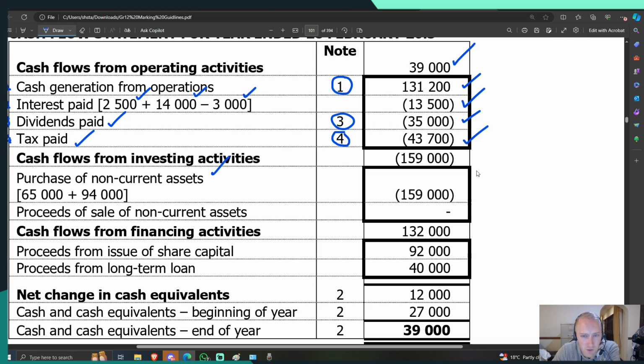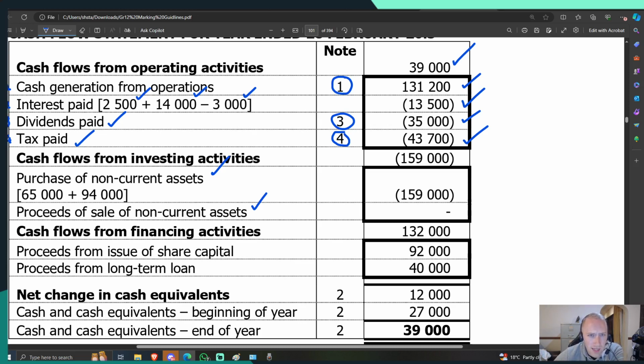You can have a cash flow from the disposal or sale of non-current assets, which are here, proceeds of sale of non-current assets. That's listed here. And you can have changes in fixed deposit, which we do not have in this list. Now, we can have it in a cash flow statement, but it's not in this one.